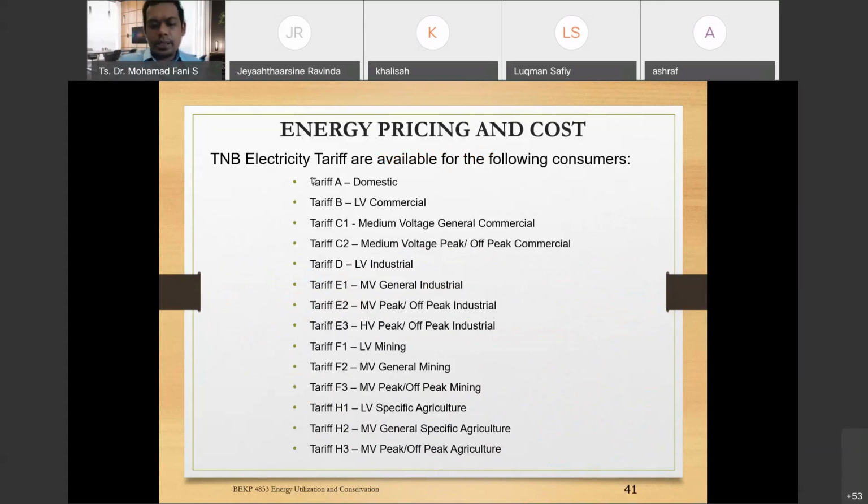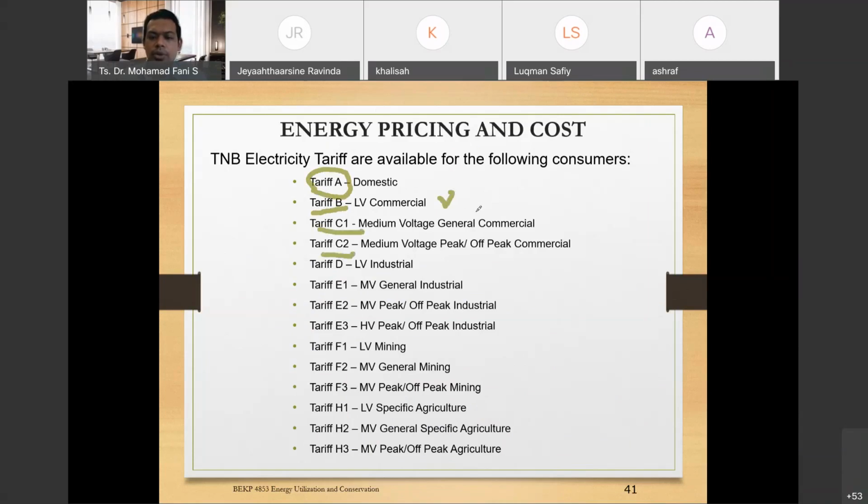So let's move to this slide. The following tariffs are available right now in the market from the utility, especially from the TNB. So for domestic, that's the tariff A, okay. Tariff B for the low voltage commercial, C1, C2.